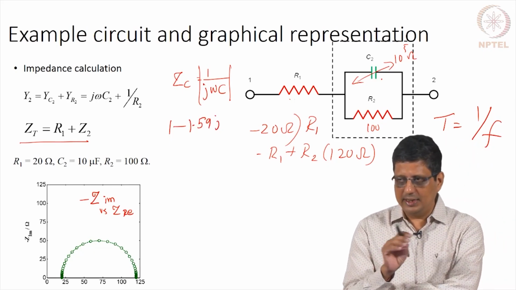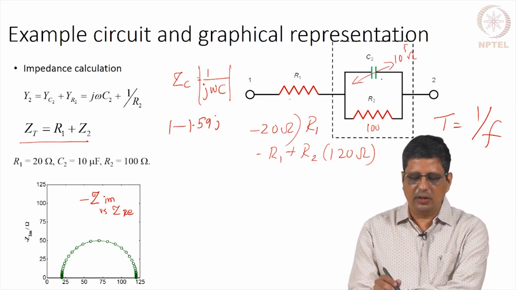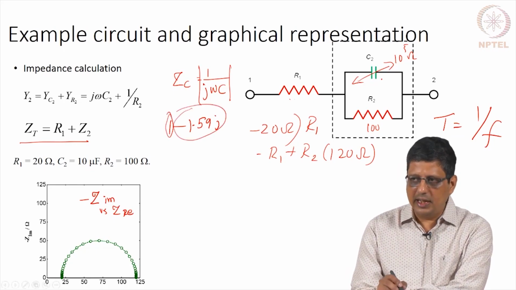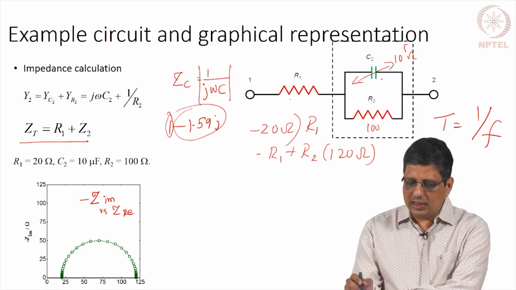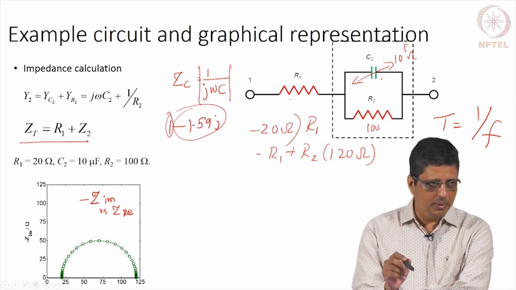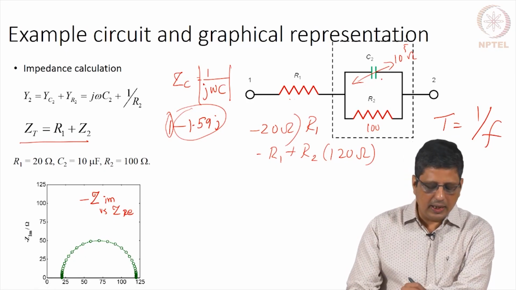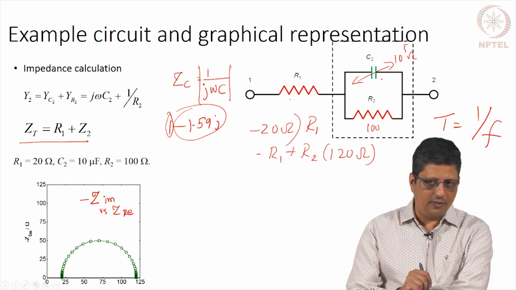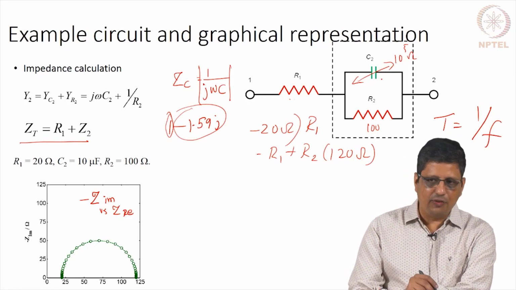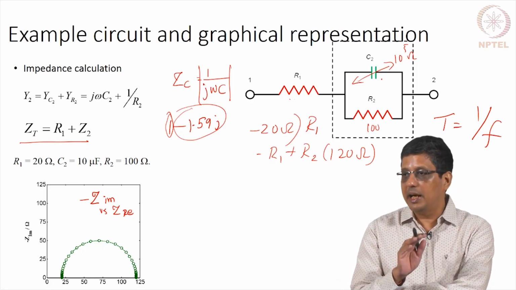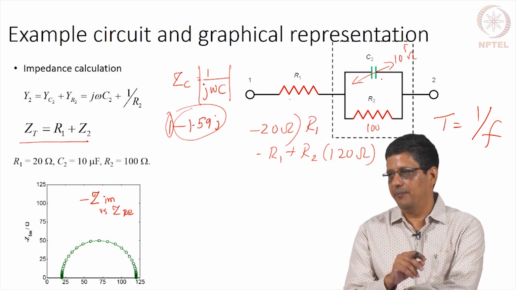Remember, you have a resistor and capacitor in series, that is what we got. That means the real value is positive, imaginary value is negative, and most of the time, especially high frequency and middle frequency data, middle meaning like 10 hertz or so, we are going to get data with positive value for the real part and negative value for the imaginary part of the impedance. So usually it is plotted as minus Z imaginary versus Z real.